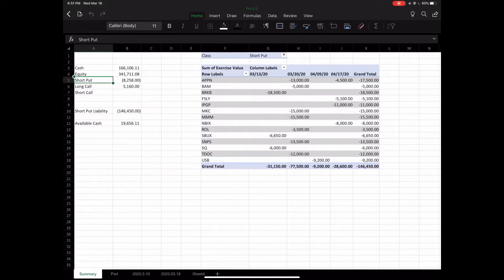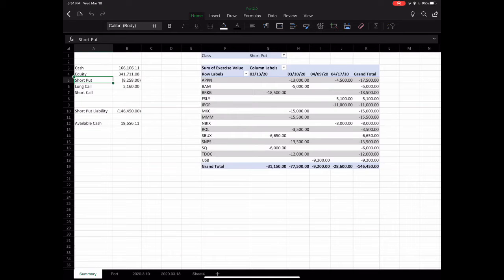Down below in row 10, I've got the short put liability, which is roughly the amount of money I'm going to have to pay if every single one of my short puts is exercised. Then I've got the difference between available cash and total cash and the short put liability, and based on this data it was about 20 grand.